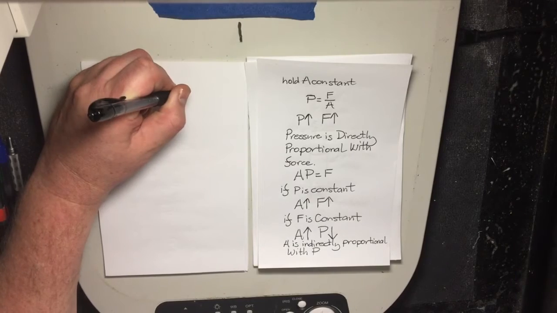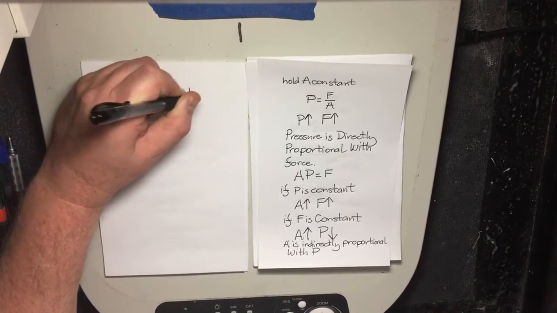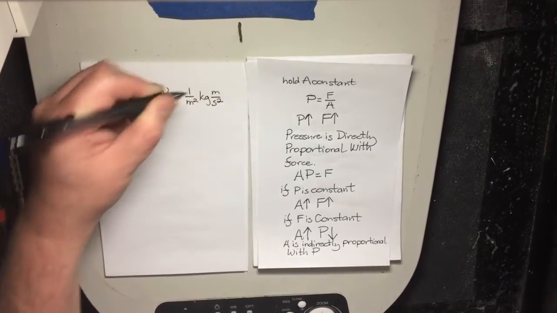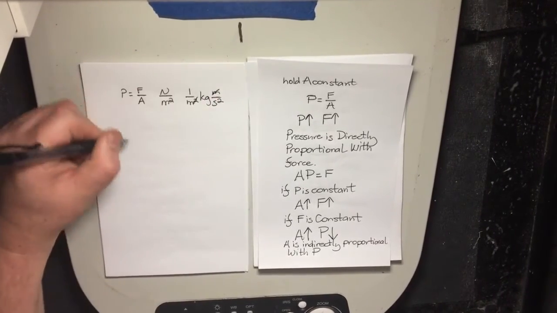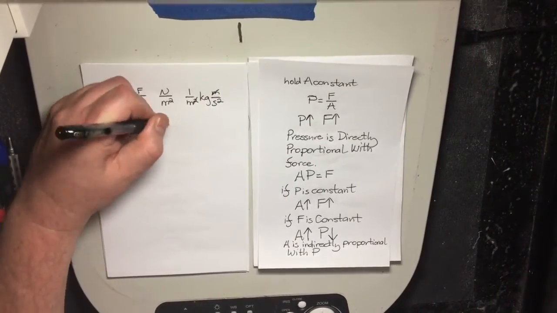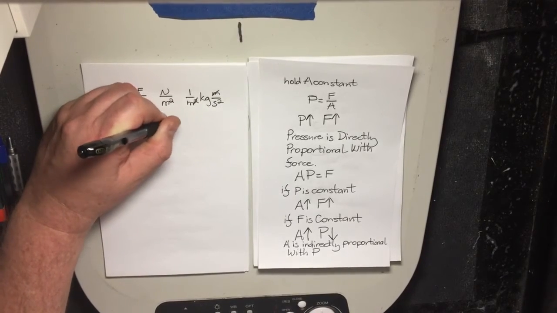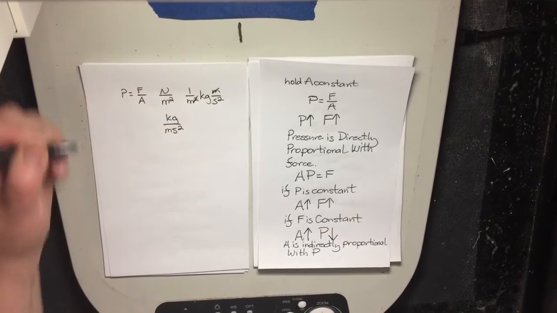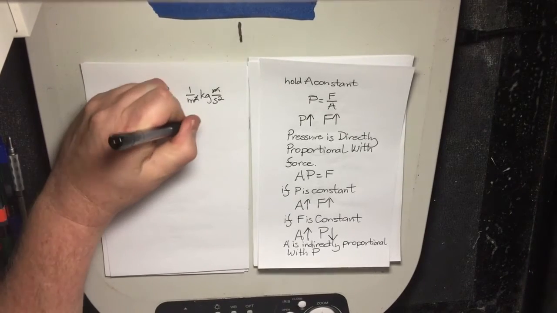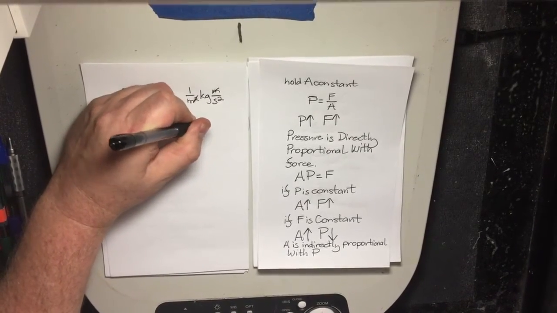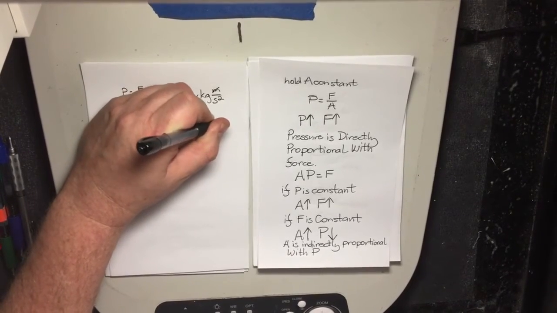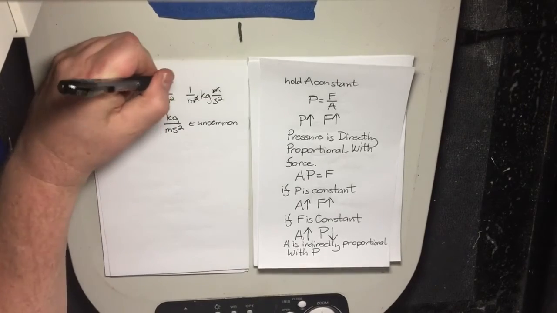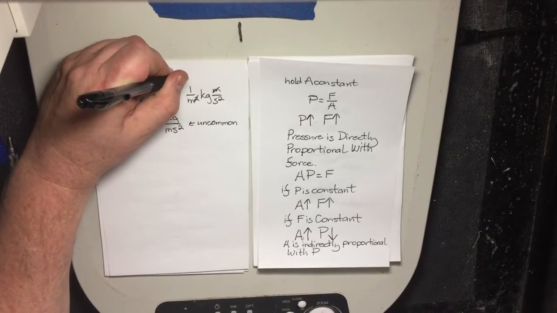A newton is a kilogram meter per second squared. So this can also be rewritten as kilogram over meter second squared. This is an uncommon way of describing it. This is quite common.